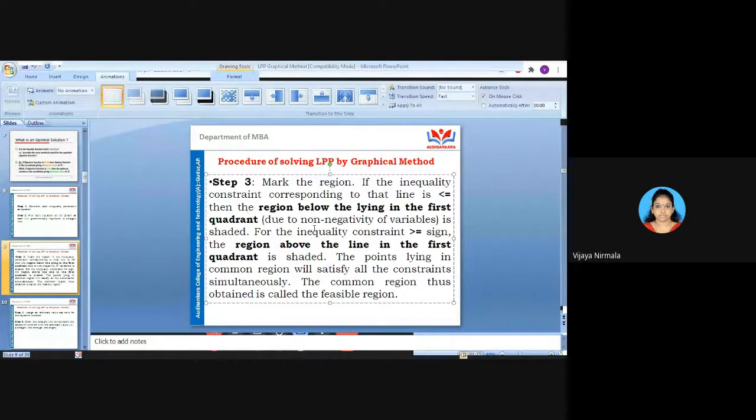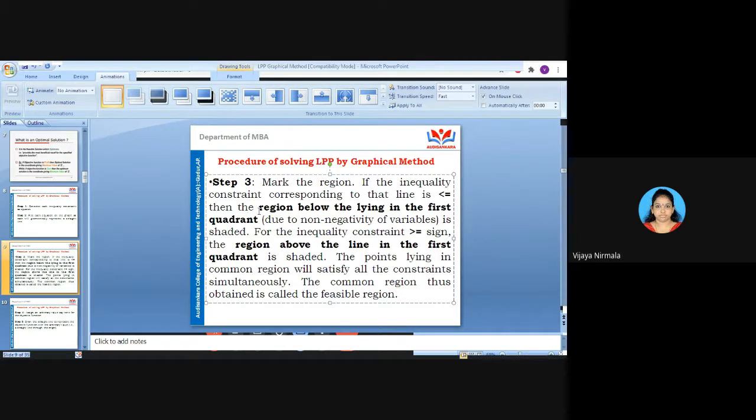Because of the non-negativity of the variables. For example, when the constraint is converted into an equation and you find the x1 and x2 values, if the constraint is less than or equal to, then you need to shade below the line.